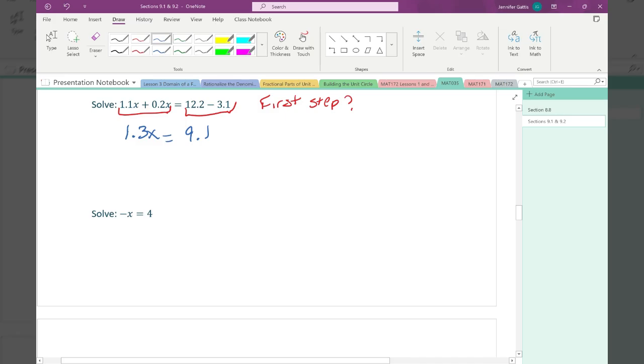Okay. Now, because we're dealing with decimals, I don't think multiplying by the reciprocal is going to be the best option here. So I would go right into dividing both sides by the 1.3. And that gets rid of it over here and gives us that x is equal to 7.